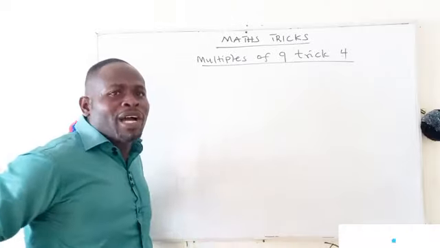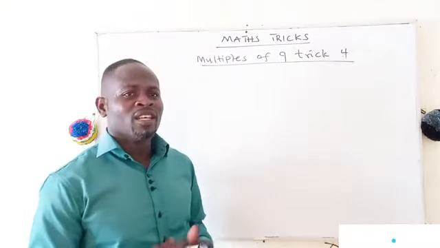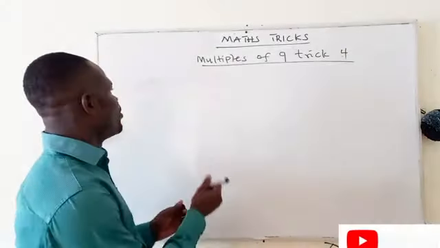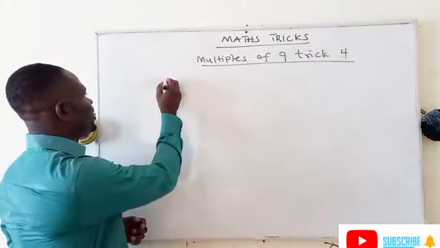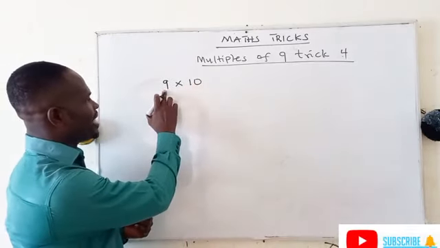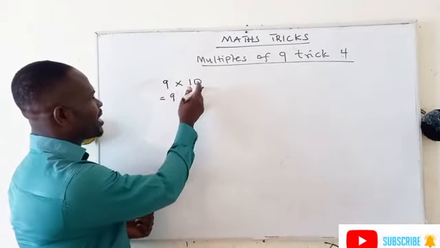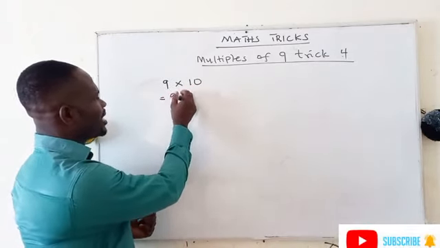What we have to do is, first we will try to multiply numbers with 10, and you realize that it is easy to multiply numbers with 10. For instance, when you have 9 times 10, you multiply the 1 here with the 9, and you'll be getting 9. Then you introduce the 0 there, it becomes 90.